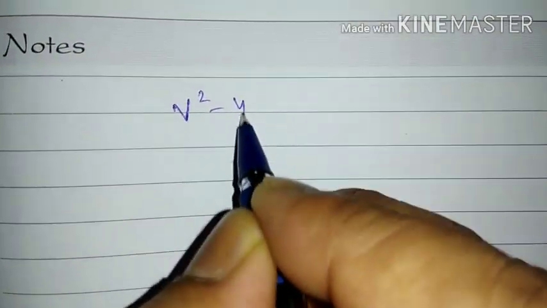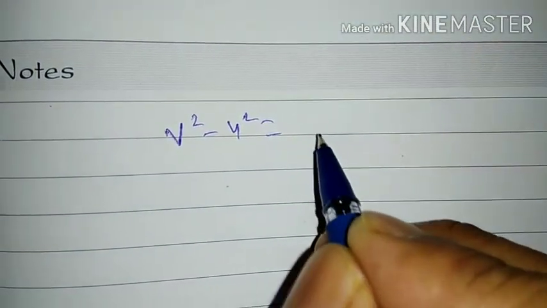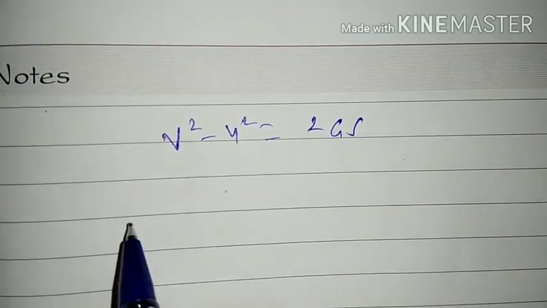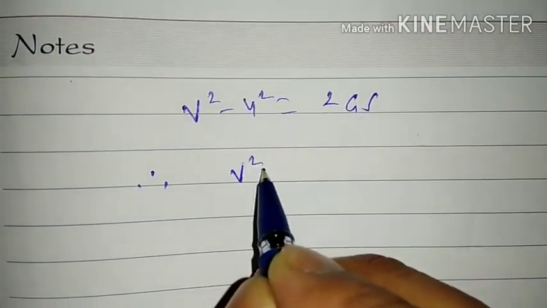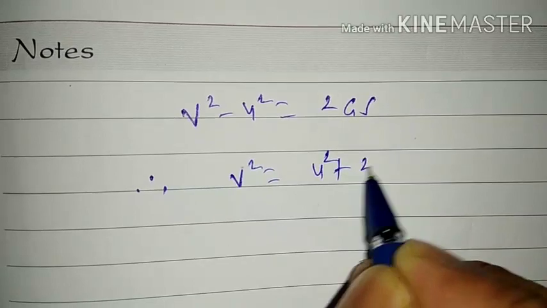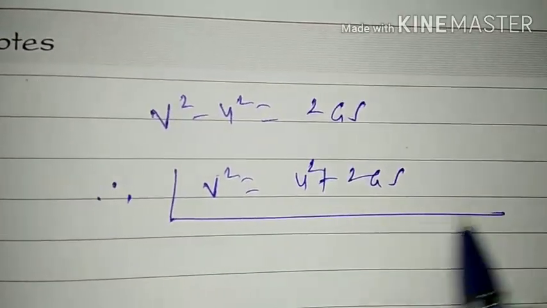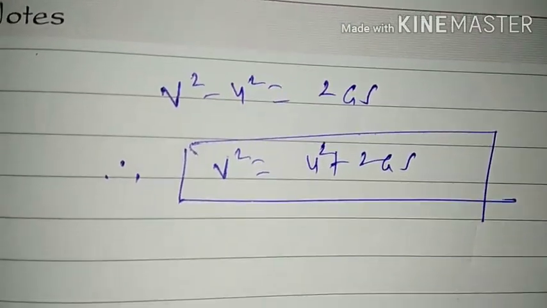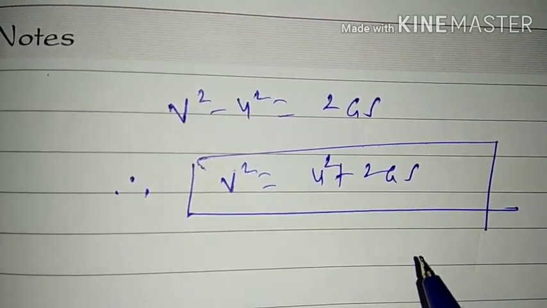Now by cross multiplication, what can we write? We can write v square minus u square is equal to 2as. Therefore v square is equal to u square plus 2as. Thus, we proved our required relation.